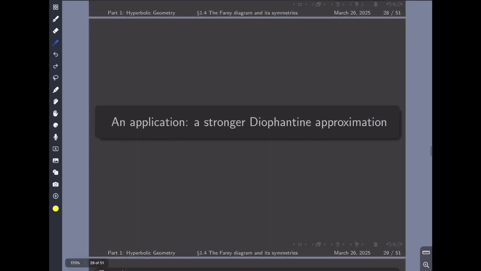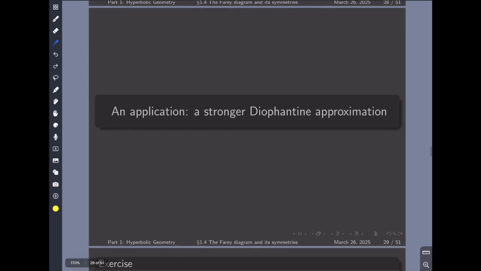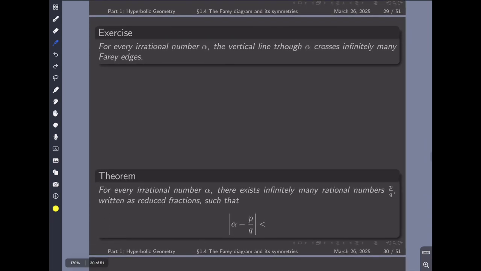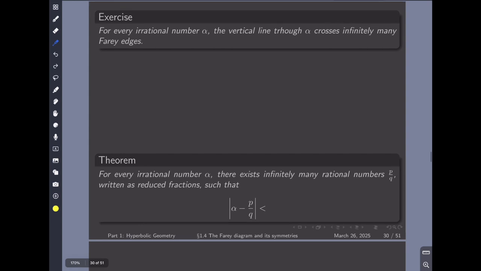Yeah, okay. And then if you remember, we started with something that was like, why are you talking about the approximation of an irrational number by rationals? And it's something really nice. I find it really, really beautiful.